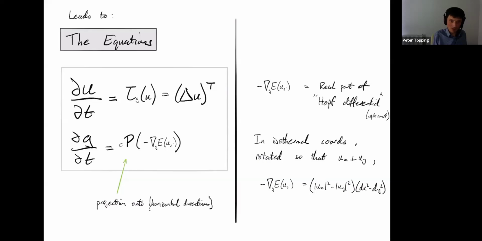Maybe I'll say a bit more about that later. So I've written it as follows: dg by dt moves in the direction of, well, I really want to do a gradient flow, so I want to move it in the direction which would reduce the energy as quickly as possible. But if I did that, then I'd maybe lose my constant curvature property and I wouldn't be horizontal. So I have to do a projection onto these horizontal directions that I was just describing.